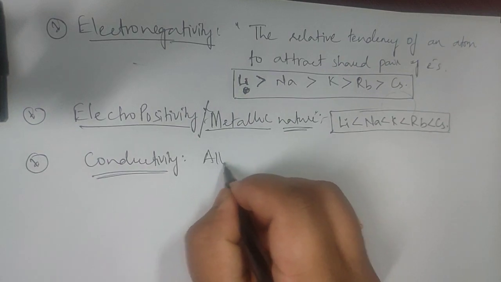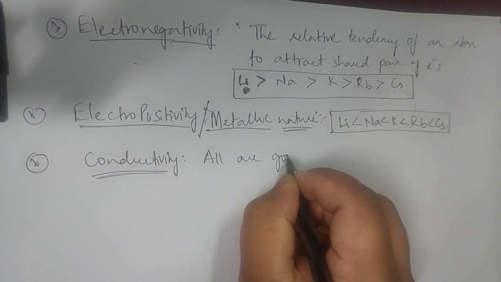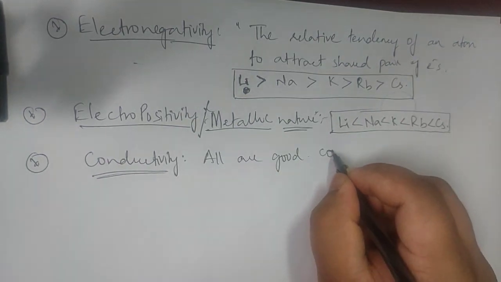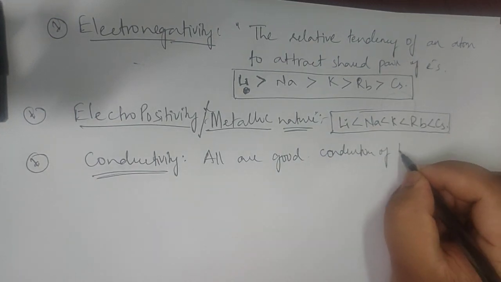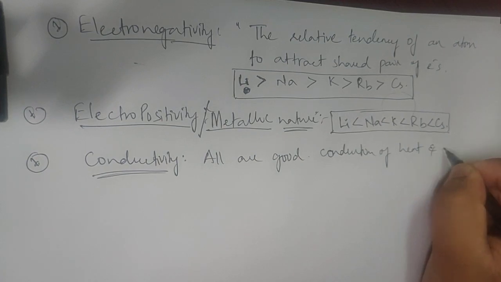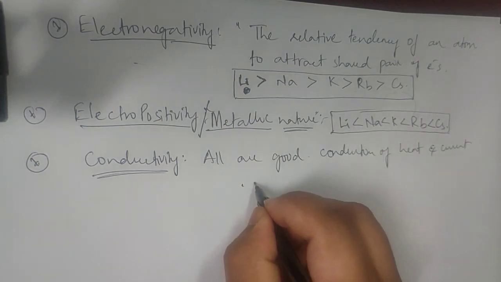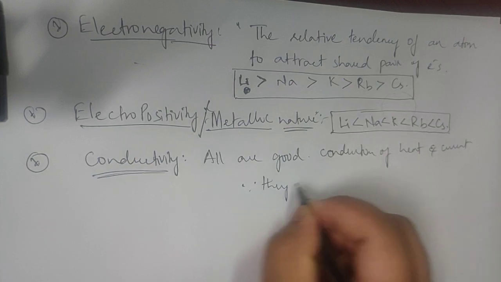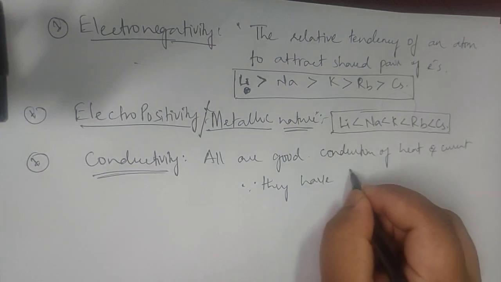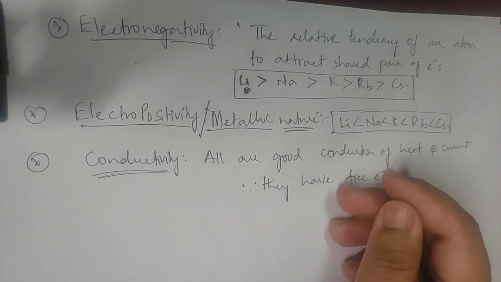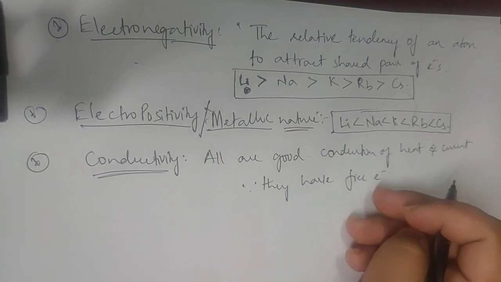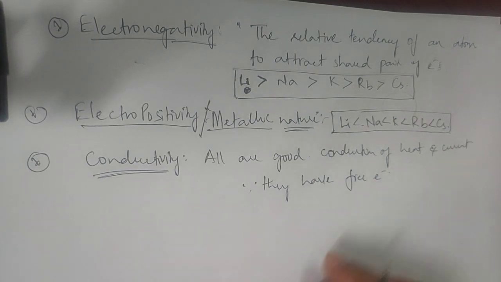So all are good conductors of heat and electricity. Why? Since they have free electrons. All of them readily lose the electron, becoming charged, and they have free electrons, and that's why they are all good conductors.